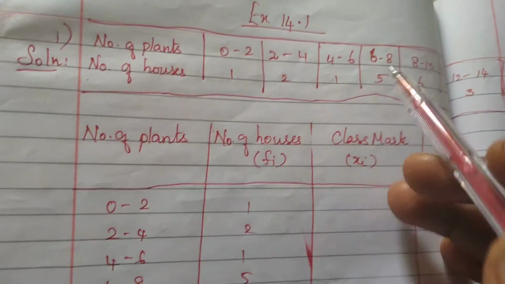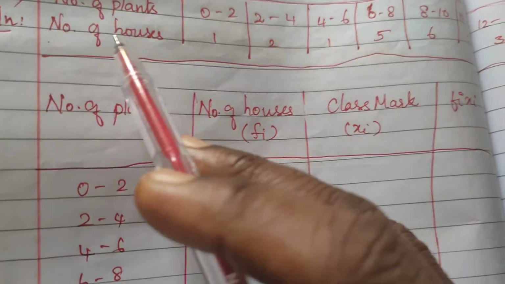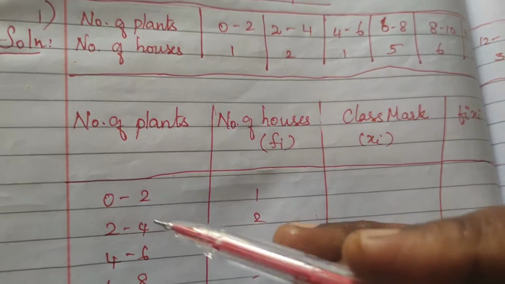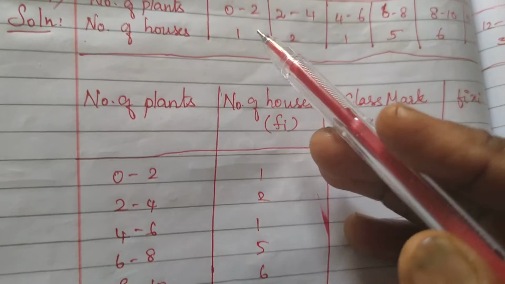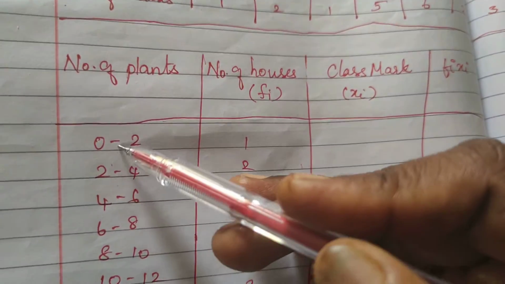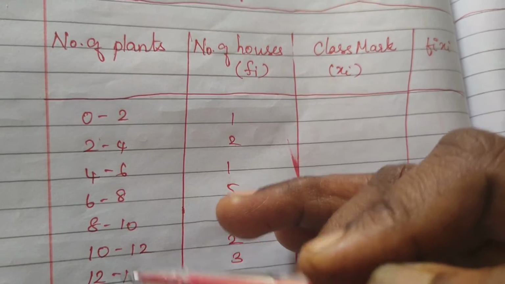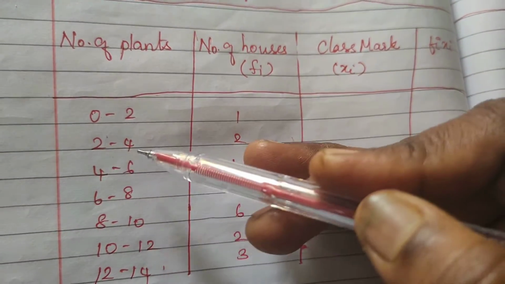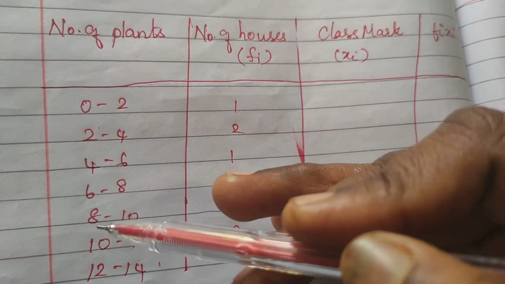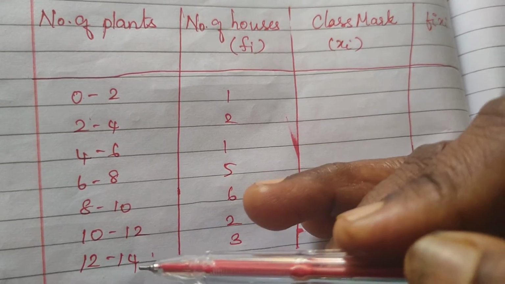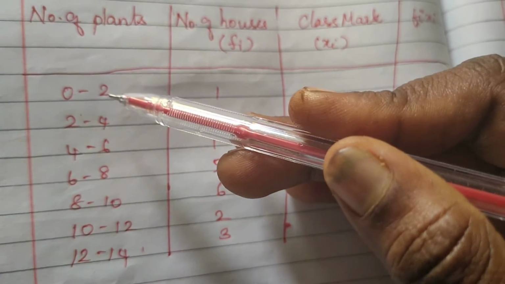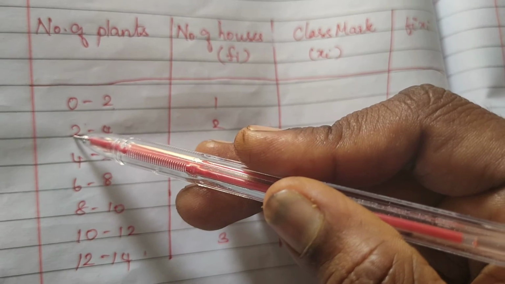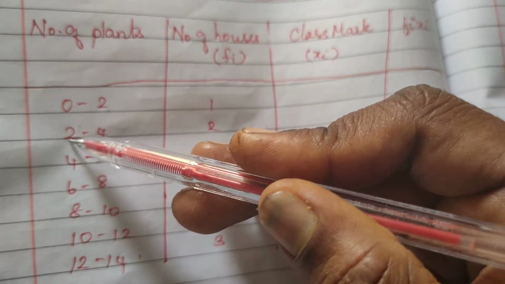Now let me discuss what the direct method is. First write the number of plants, the class interval, in the first column: 0 to 2, 2 to 4, 4 to 6, 6 to 8, 8 to 10, 10 to 12, 12 to 14. You notice that the number where a class interval ends is the start of the next class interval.